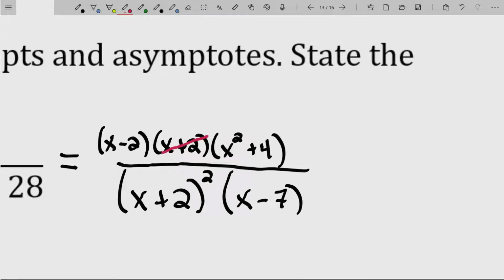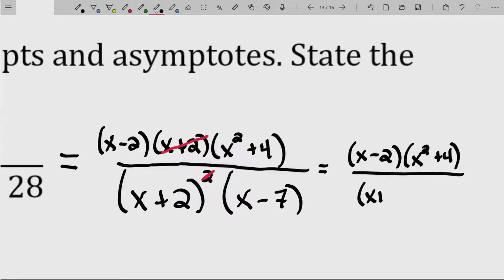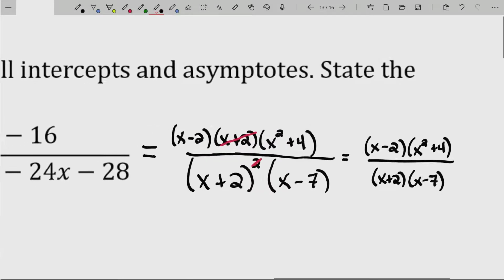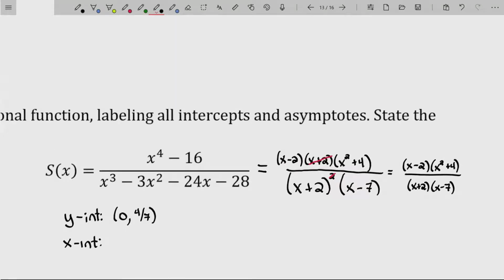So notice a factor of x plus 2 will cancel with a factor of x plus 2 in the denominator. And so really, we should have further simplified this to x minus 2 times x squared plus 4, all over, again, x plus 2 times x minus 7. It doesn't actually change anything about the y-intercept, for example, because that'd be negative 8 over negative 14, and that would reduce down to, again, 4/7. So that doesn't change. But the x-intercepts, that's kind of critical.